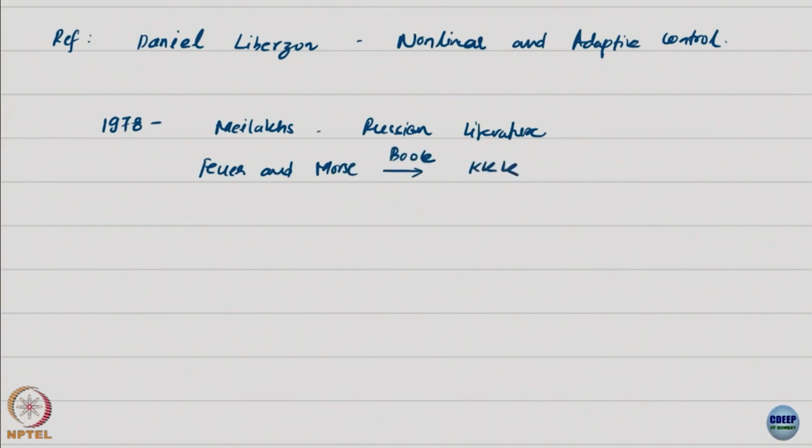I've already mentioned this book. Basically these were a bunch of guys who understood Russian, I'm assuming. So this is Kanellakopoulos, Kristic, Kokotovic.